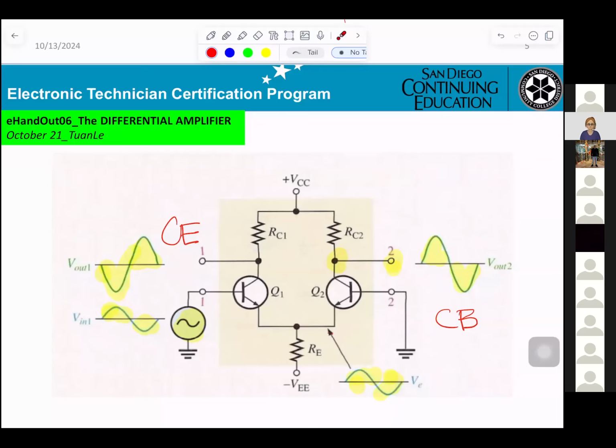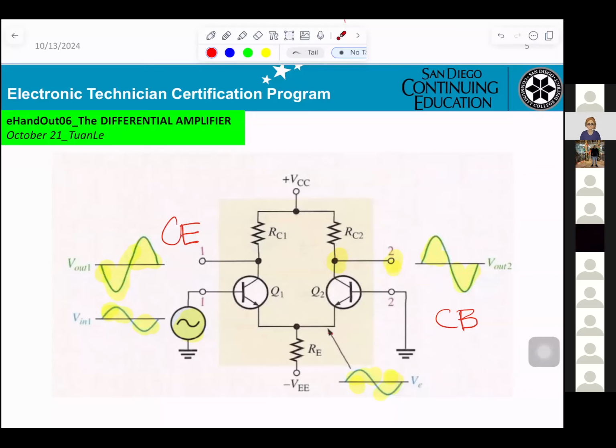And Mr. Pham, just one last thing. For the common emitter, that's where the input and output have the phase shift. The common base stays the same. And what about the common collector? Is it the same or does it change? Same. The same.